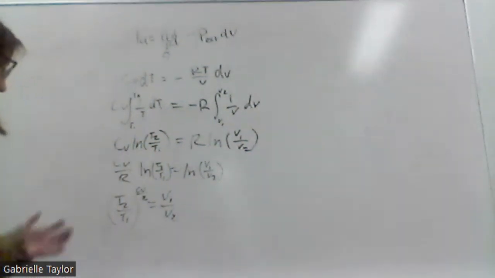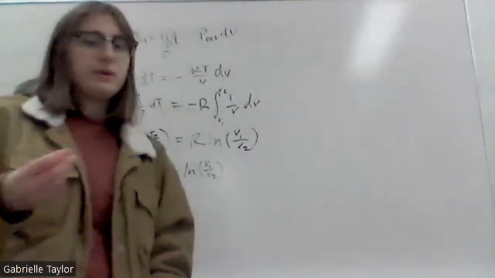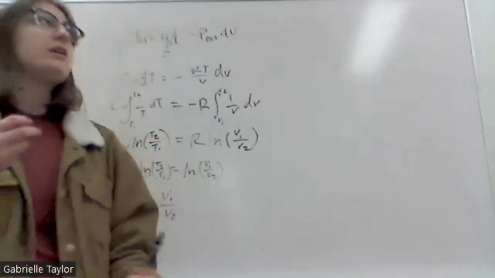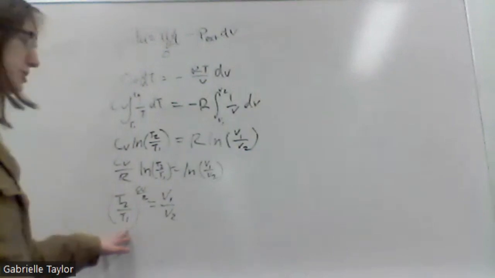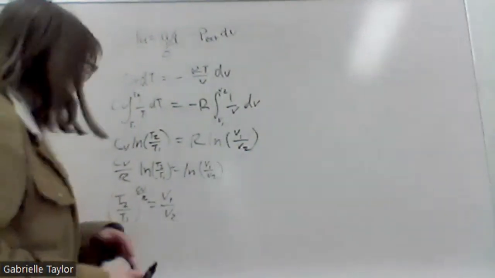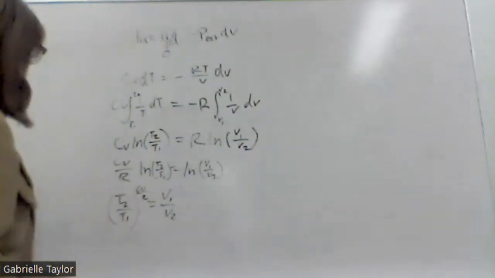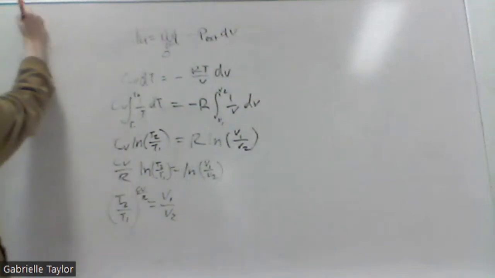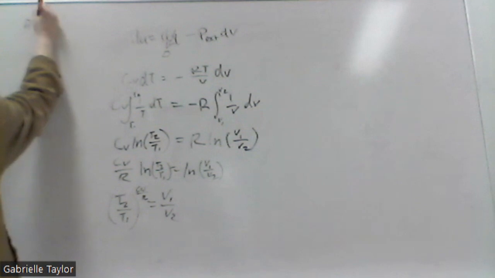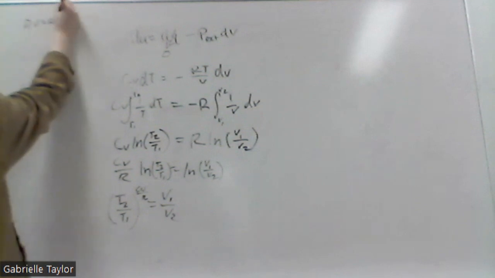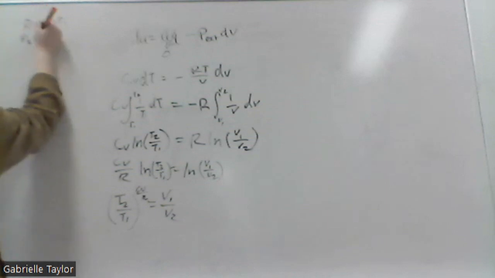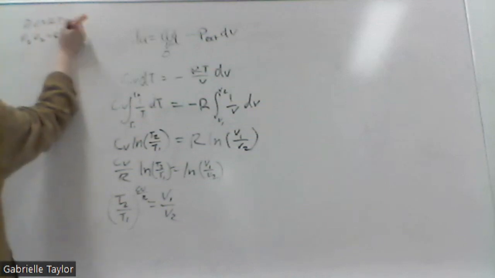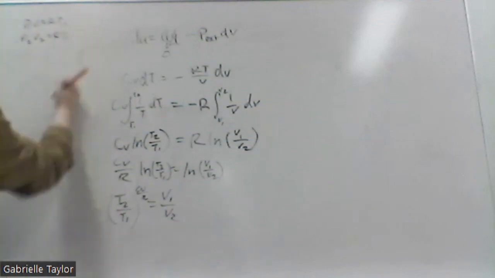Okay, so what the question is asking is we want a pressure and volume relationship. So this means that we have a temperature, so we're going to try to cancel out or replace our temperature. And since this is an ideal gas, we know that P1 V1 equals R T1, and then we know P2 V2 equals R T2.